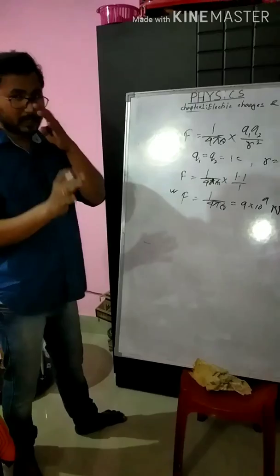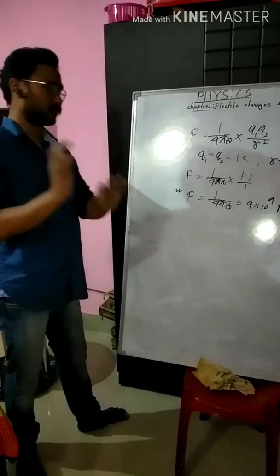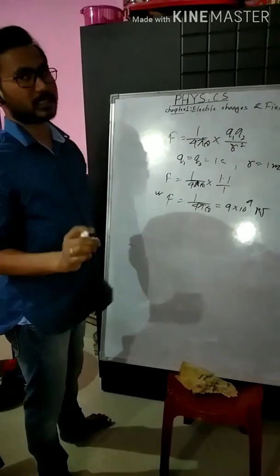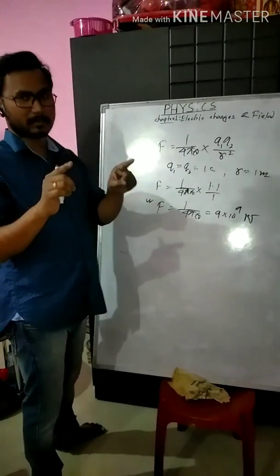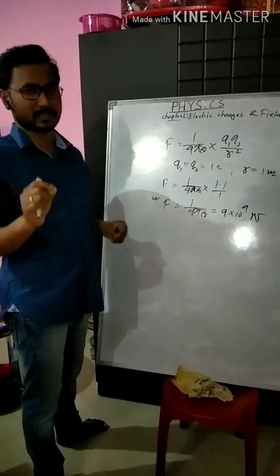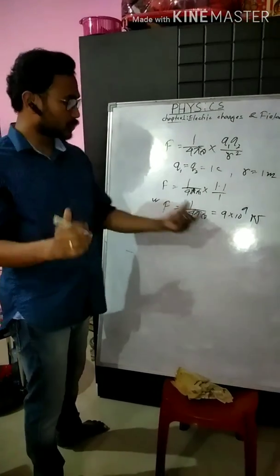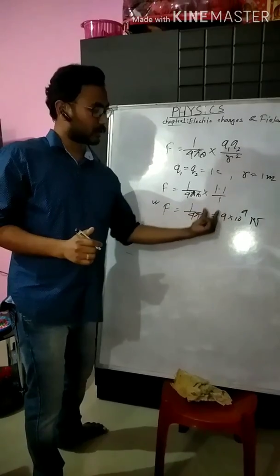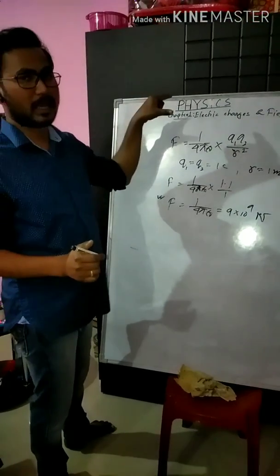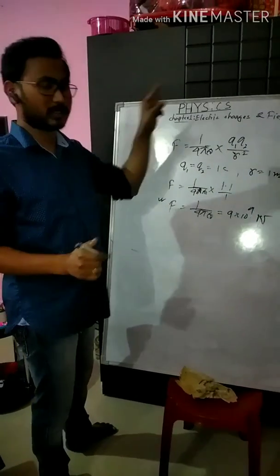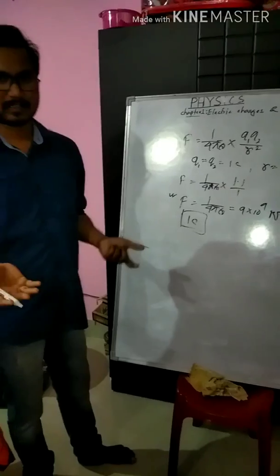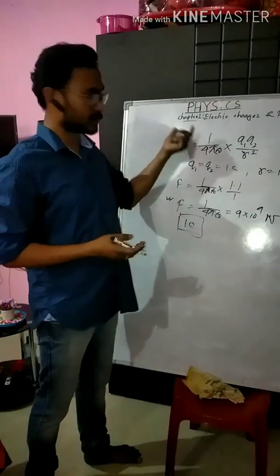So if we take two equal charges and place them 1 meter apart, and get a force of 9 into 10 to the power 9 Newton, that means the two charges must be 1 Coulomb each. That is the definition, right? See how simple it is, you can find it from this equation.